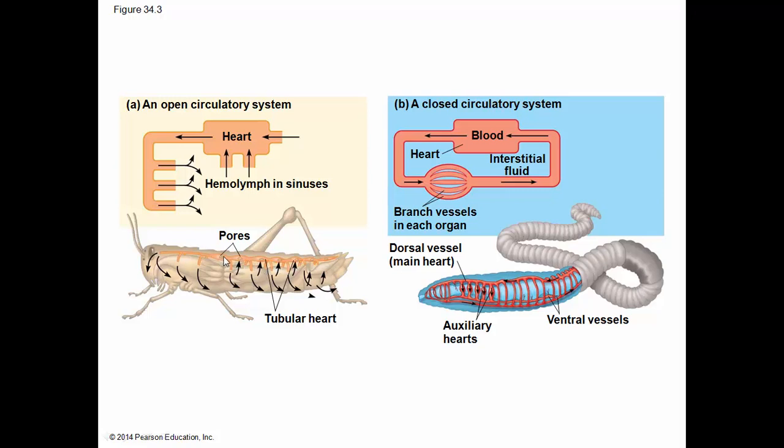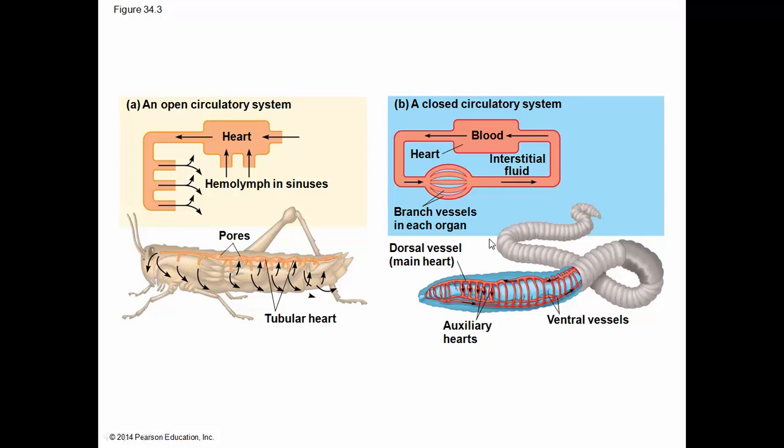And then it's got a tubular heart, a set of contracting muscles along the central circulatory system, and these pump hemolymph, and the hemolymph dumps into the tissues, into the interstitial fluid that bathes the tissues, and then it gets drawn back into the main open circulatory system, and the heart pumps it out again. So this is the open circulatory system of the insect.